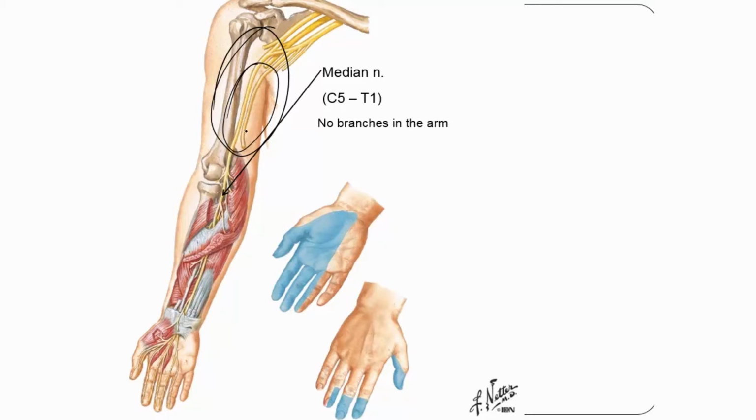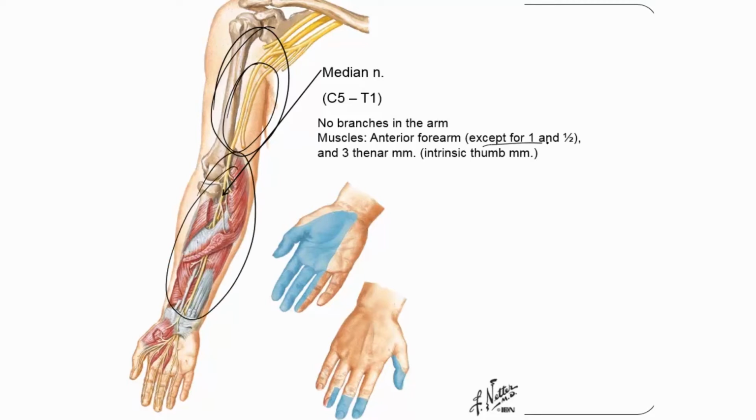Again, there are no branches in the arm supplying any structures in the arm per se, but it does supply the muscles of the anterior forearm, except for 1 1/2. Those will be supplied by the ulnar, and we will talk about those momentarily.